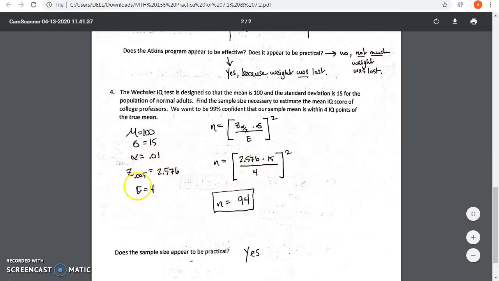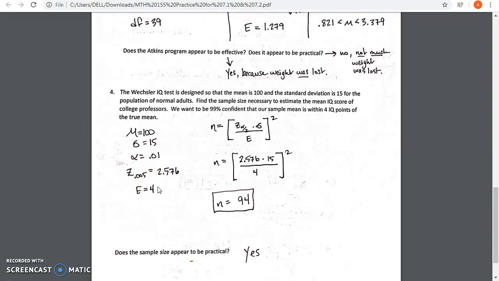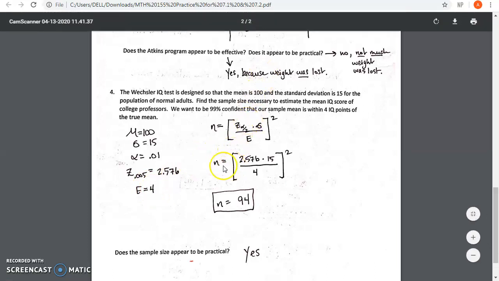The margin of error: we want our sample mean to be within 4 IQ points, so the margin of error is 4. Now, it didn't say 4%, it just said 4 IQ points, so we're not going to use 0.04, we're going to use regular old 4. Then we substitute the values into our formula.